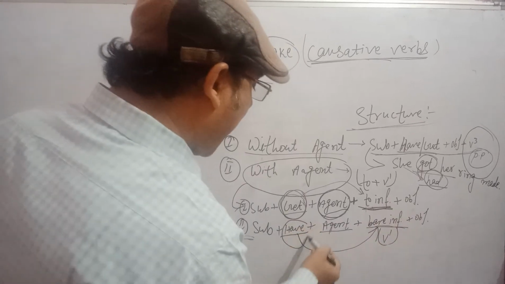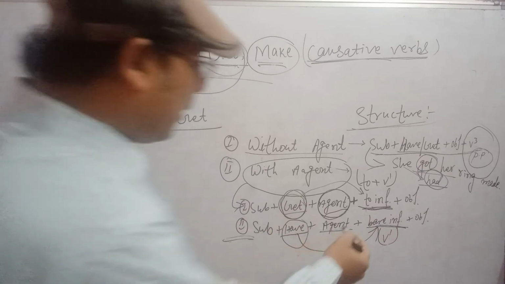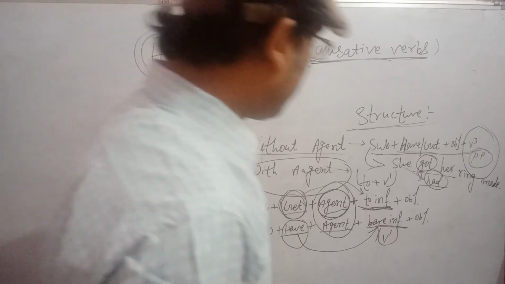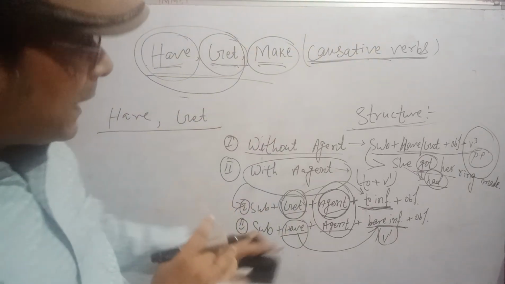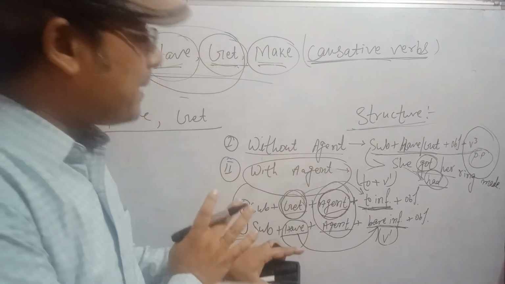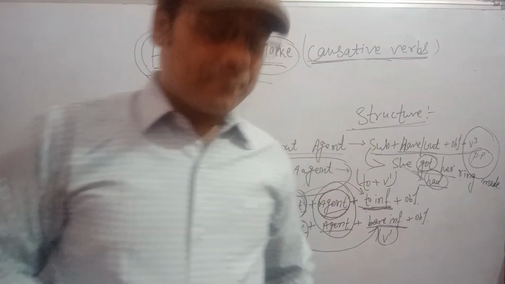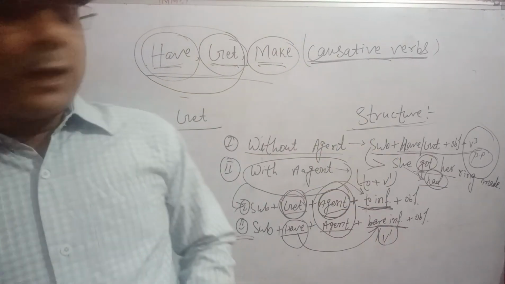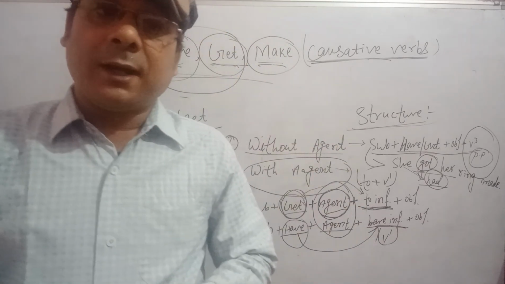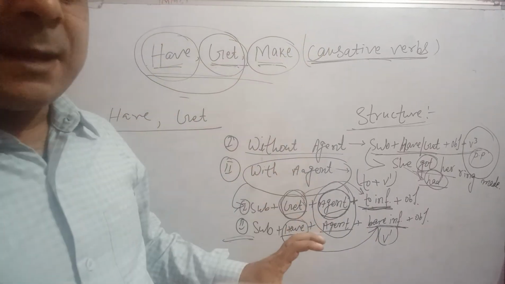If you use have, bare infinitive. In which condition? When the agent is mentioned. So my dear students, after understanding the structures, some of the examples we must know. In my next videos we will learn through some examples.